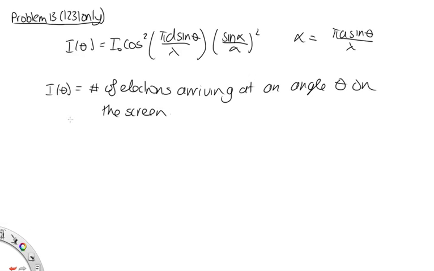And so to work it out, we know that between minus pi on 2 and pi on 2, the integral of I theta d theta, we get all these n electrons. So this is equal to n. So I theta is the number of electrons which arrive at each angle.